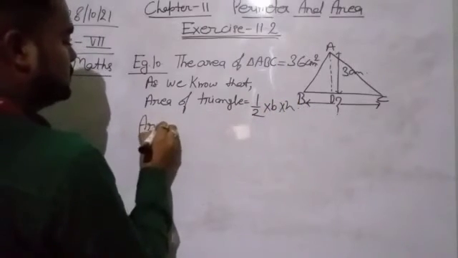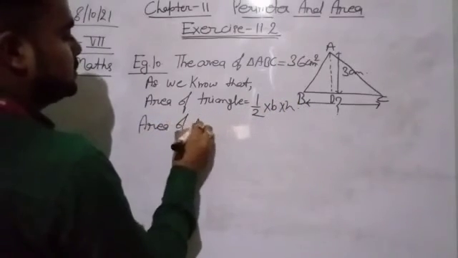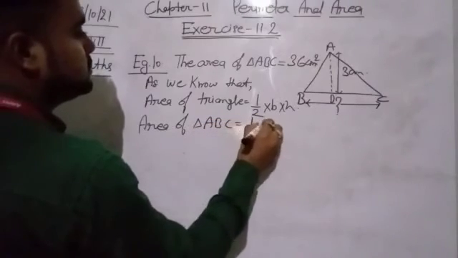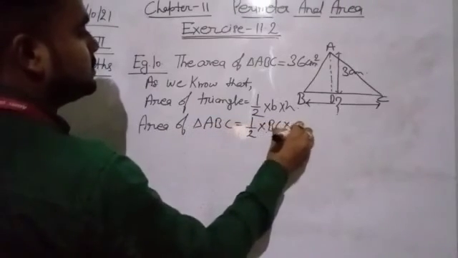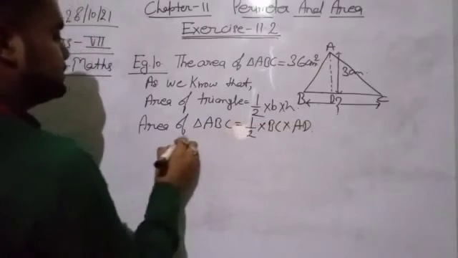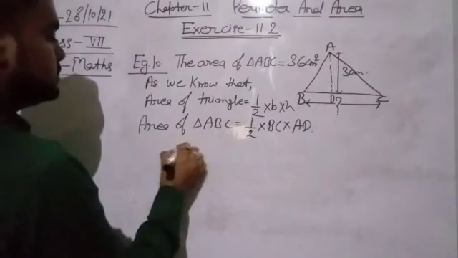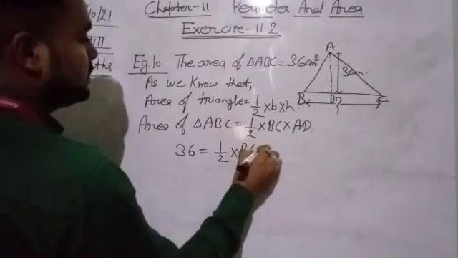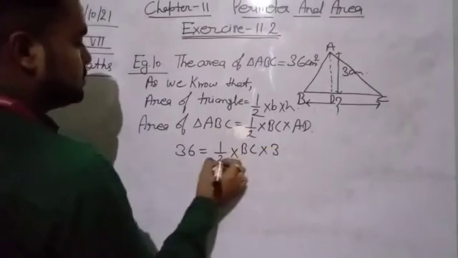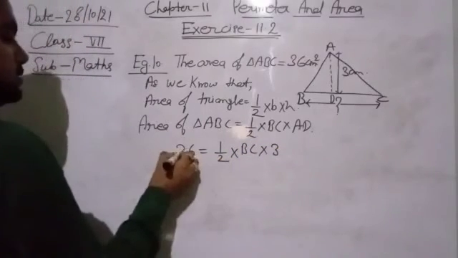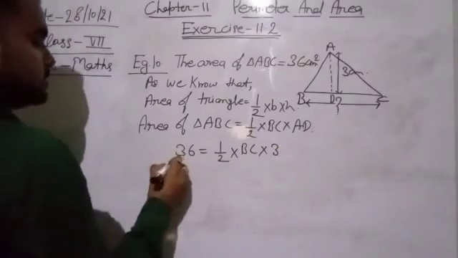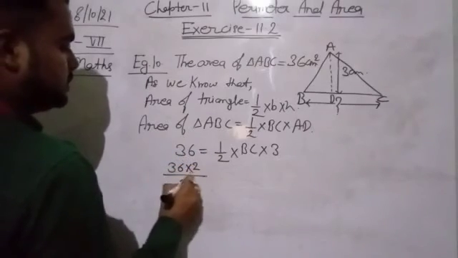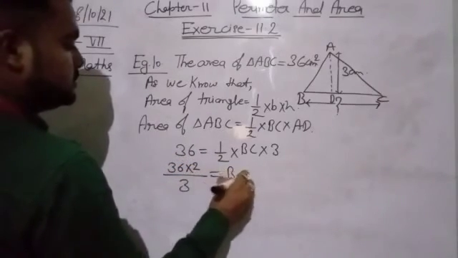So area of triangle ABC is 1 by 2. What is the base? That is BC and height is AD. And area is also given, that is 36. So 1 by 2, BC we have to find and AD is of 3 centimeter. So when numbers go to LHS side, 36 is multiplied by 2 and divided by 3 is equals to BC.